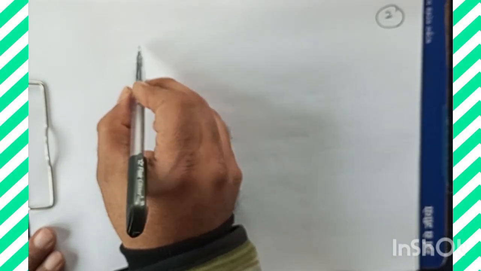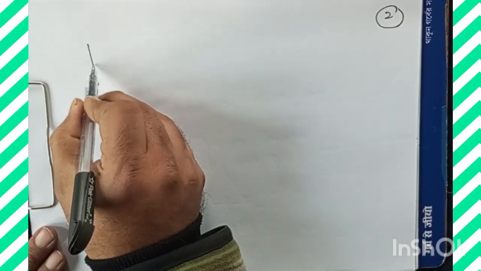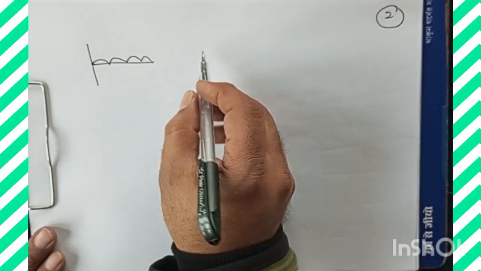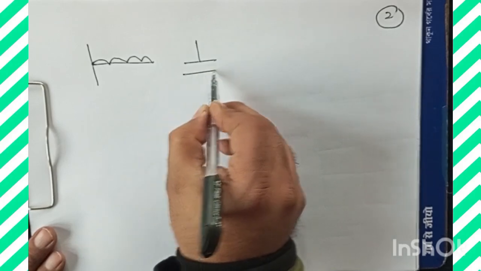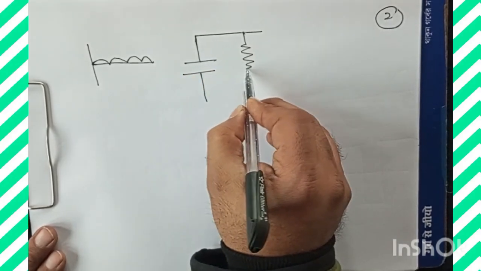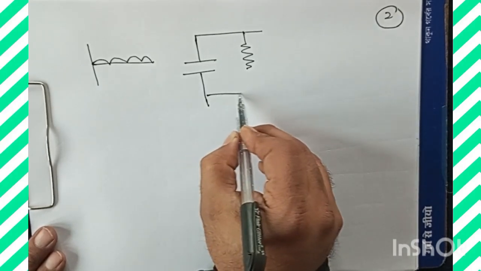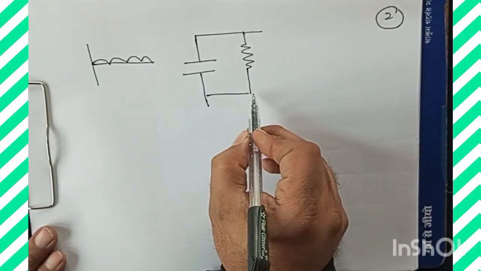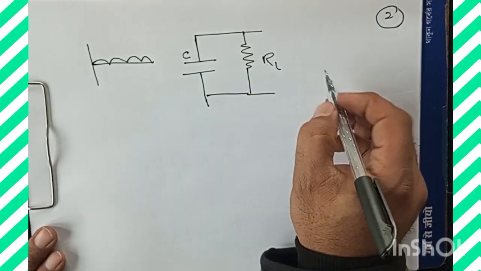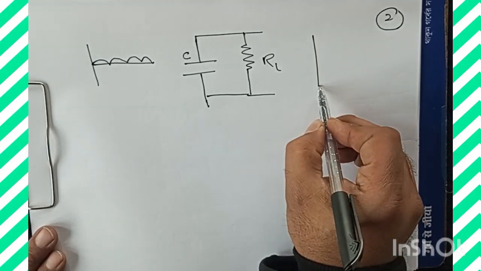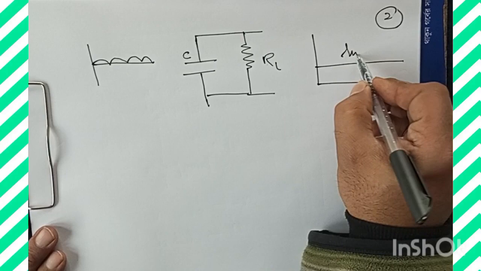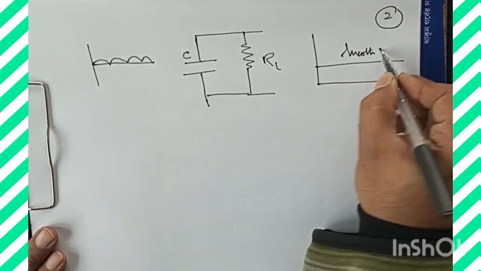If we have a pulsating signal that we have obtained, and we make use of a capacitor C with a resistance RL shunted across it, we will have a smooth output here.